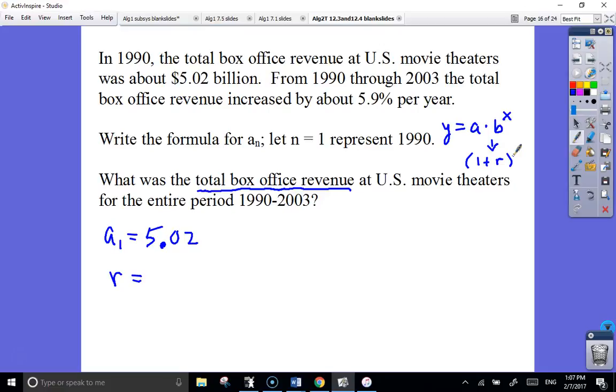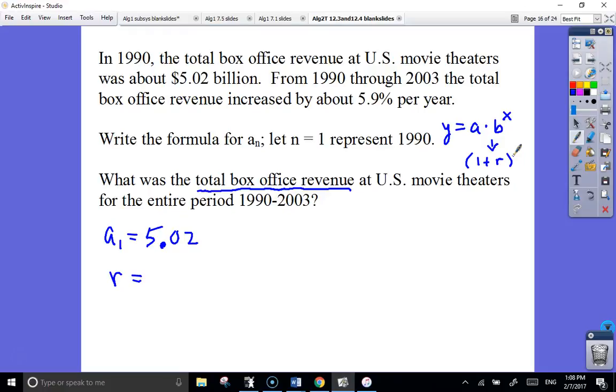What's that? No. You're on the right track. It's not 1 plus 5.9. What is it 1 plus? How do you do a decimal percent? You don't do 5.9 in the calculator.